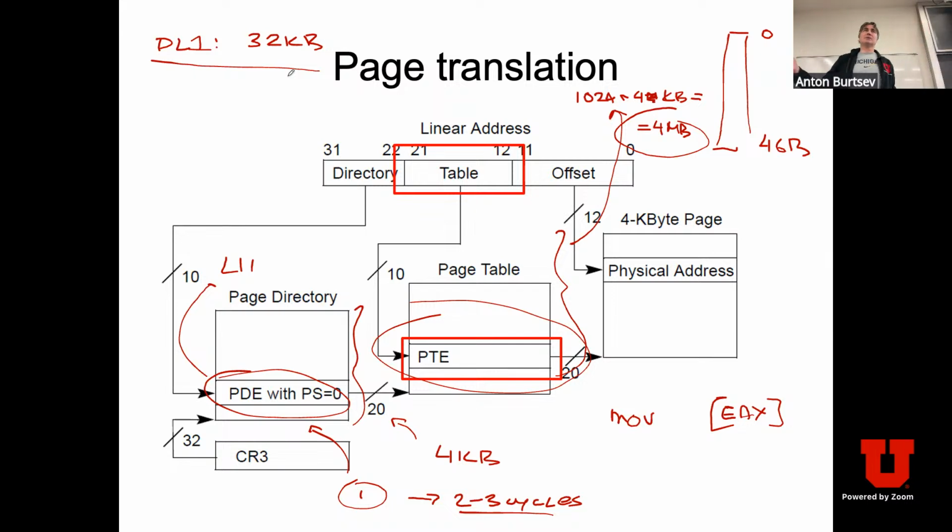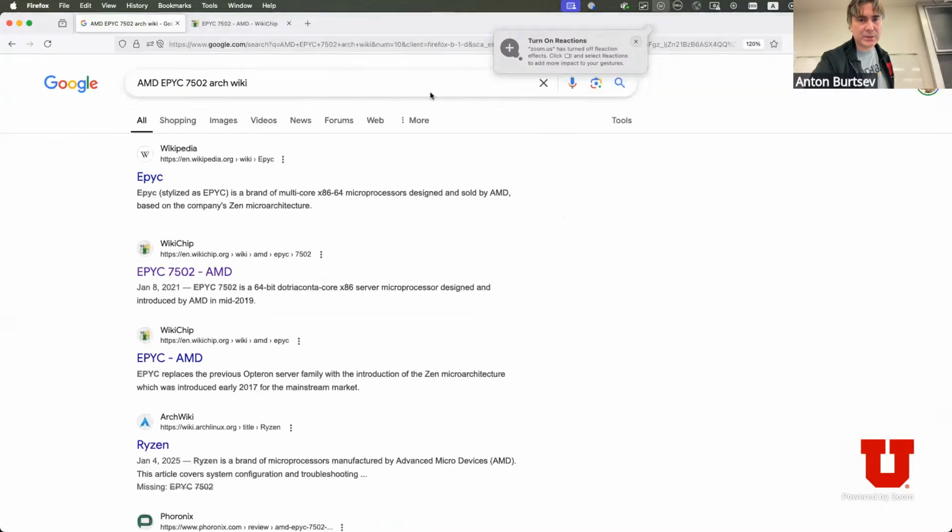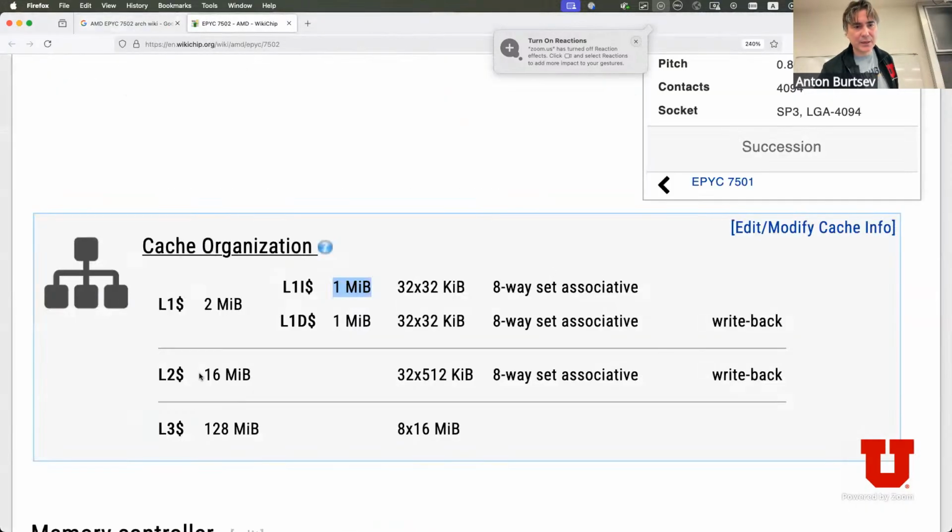Well, back to my wonderful wiki page, because we kind of understand it. L2 says that on this version of an AMD, there are 32 cores. Each of them uses half a megabyte of cache.